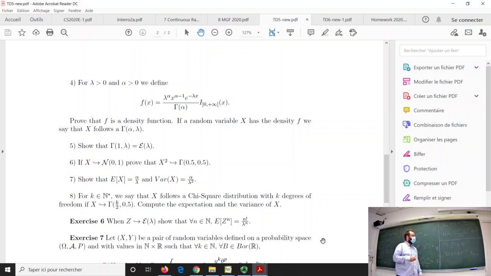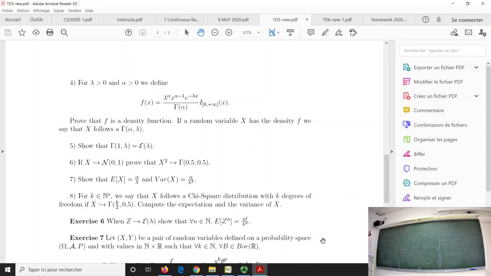What is the variance of a gamma of parameters 1, lambda? You have the answers here. For alpha equal to 1, I recover, of course, the results concerning the exponential. So I have seen a particular subcase of the gamma, and the first particular subcase is the exponential of parameter lambda.